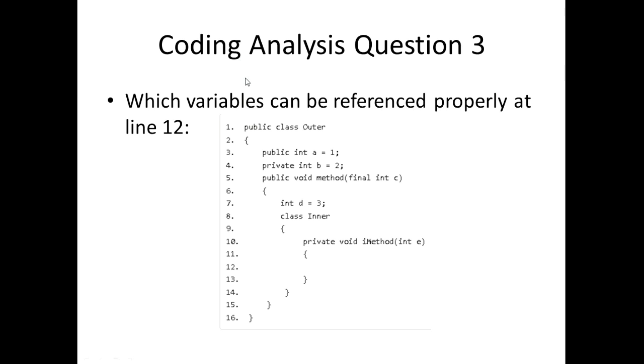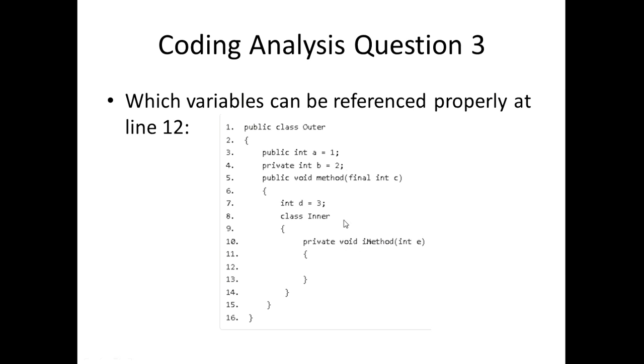Okay, so as you can see, the first thing that we have is a class. It's called outer. We then have two variables, public int A, which is equal to 1, private int B, which is equal to 2, and then we also have this variable here, final int C. And if we go inside of this method function, we have int D equals 3, class enter, and then within this class, we pretty much just have ourselves a method called iMethod.